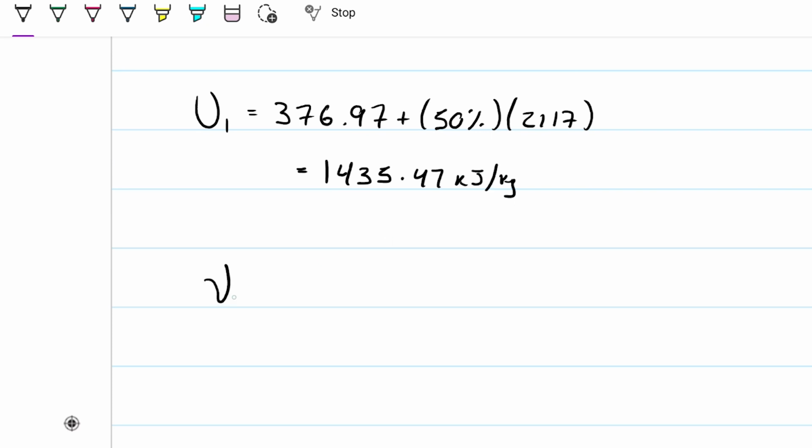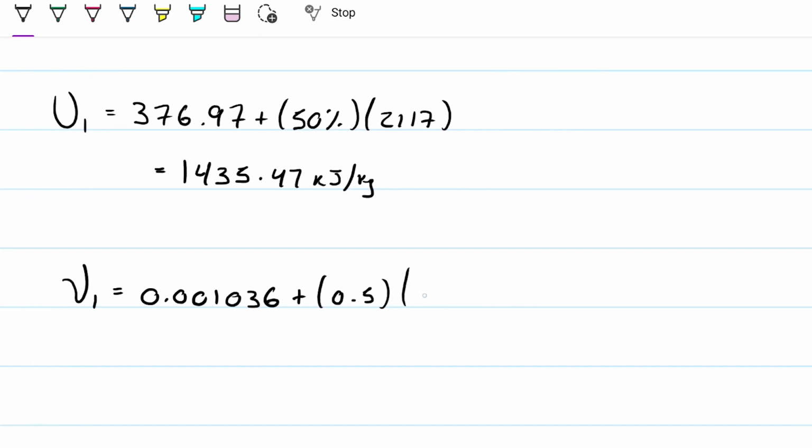Likewise, specific volume 1 will be the one for the liquid plus 50% times the difference between the two. Fortunately, the table does not give me the difference, so I need to do the difference on the fly here.